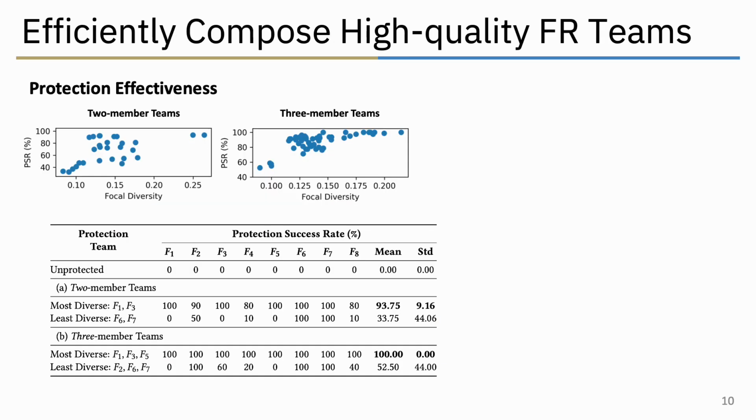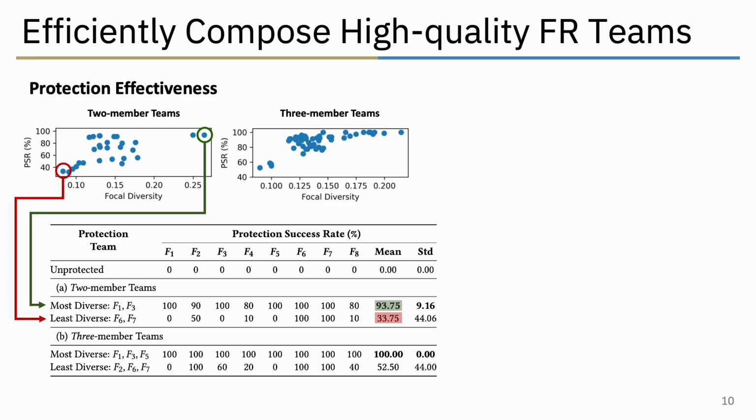For our FR teaming, we visualize the diversity score and the protection success rate for both 2-member teams and 3-member teams. We can observe that a higher diversity score indicates better privacy protection. To give an example, for a two-member team, the average effectiveness across different models is about 93% when the most diverse team is used.